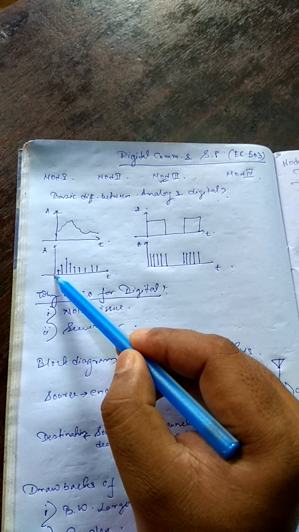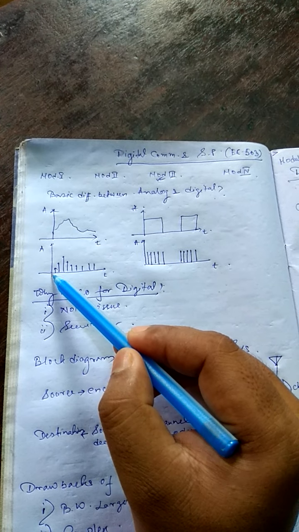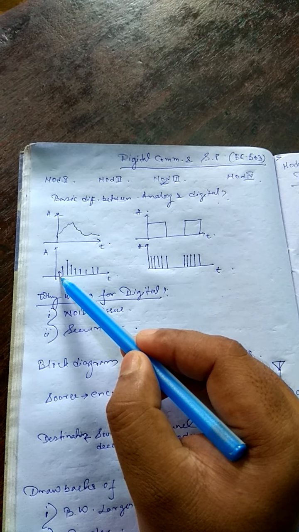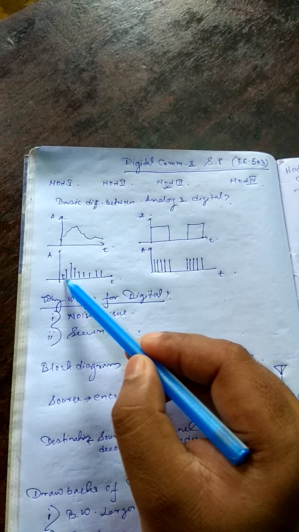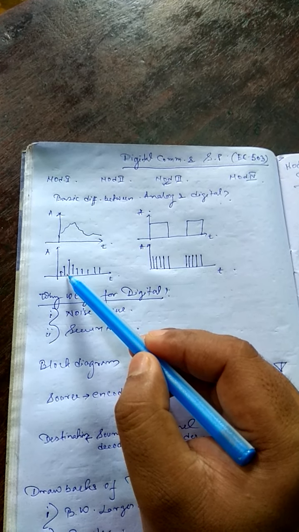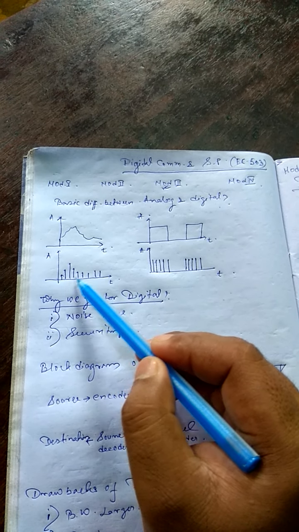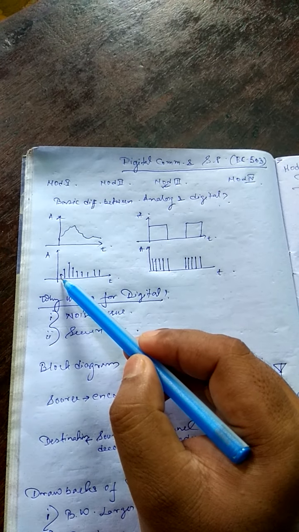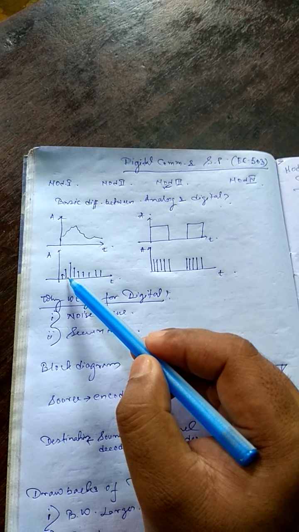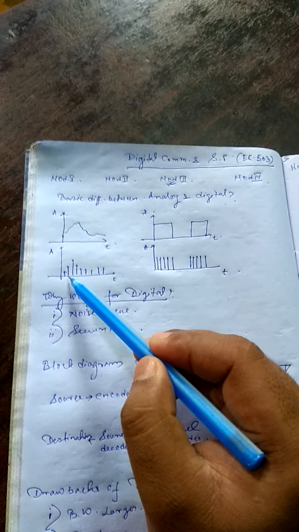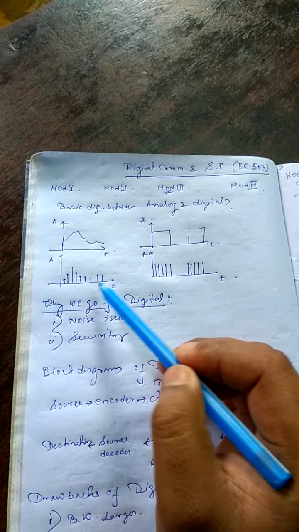At the 0 point there is no amplitude, that is 0, and this is suppose 1t. At 1t you have some amplitude, at next 2t some amplitude, at 3t some amplitude, etc. But in between 0 and 1 there is no amplitude, in between 1 and 2 there is no amplitude, in between 2 and 3 there is no amplitude. This is called the discrete signal.